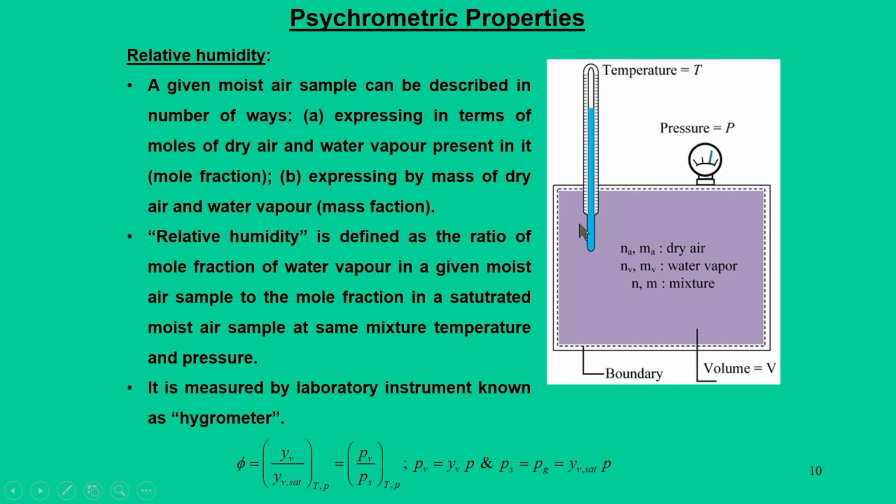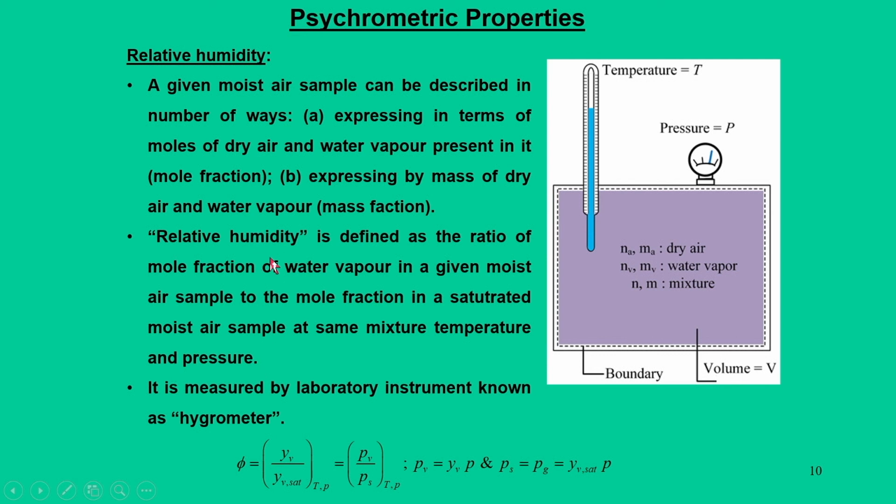The other way of expressing these properties is in terms of relative humidity. In that case, we take the ratio of the mole fraction of water vapor in a given moist air sample to the mole fraction of saturated moist air at the same mixture pressure and temperature.